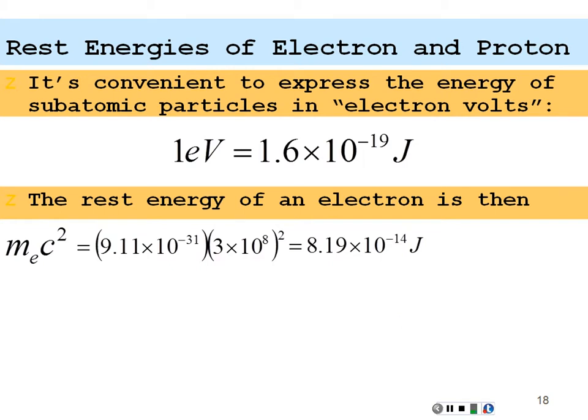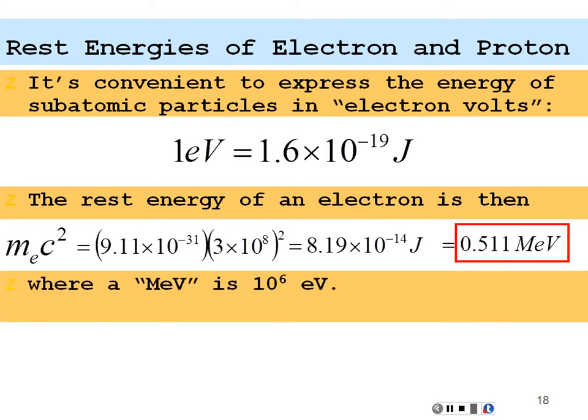That is the rest energy of an electron. If I convert that to electron volts, that is 0.511 mega electron volts, or about half a mega electron volt.